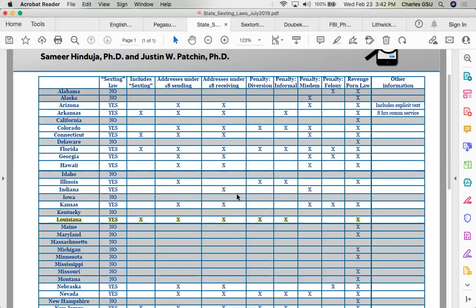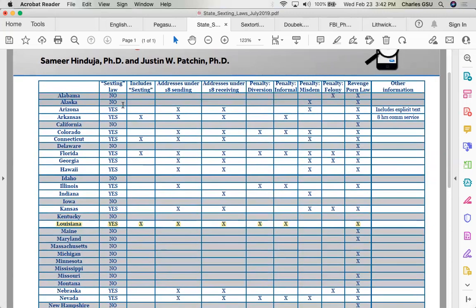Like, not wearing a seatbelt in Louisiana is the same misdemeanor moving violation as it is in California or Oregon or any other state. It's all the same kind of traffic violation.